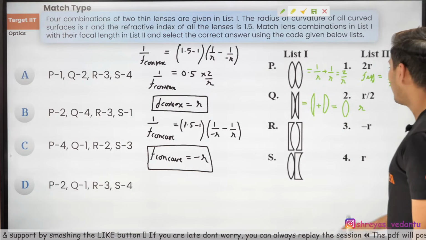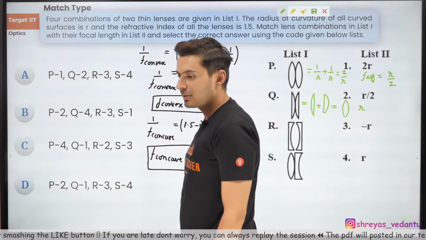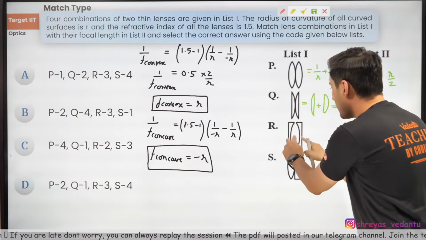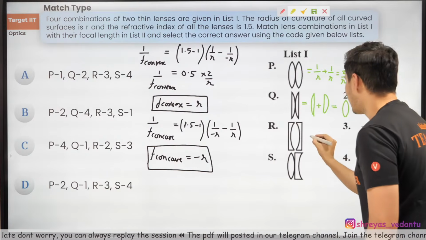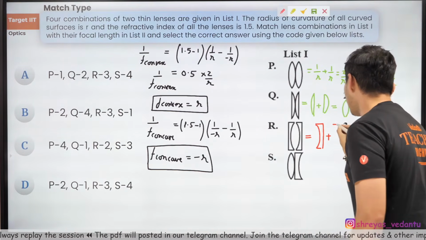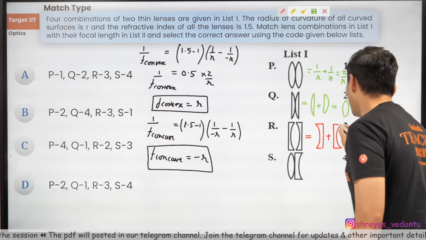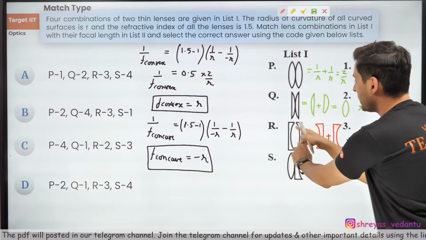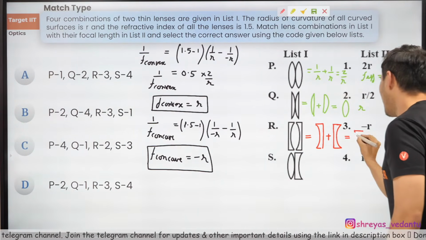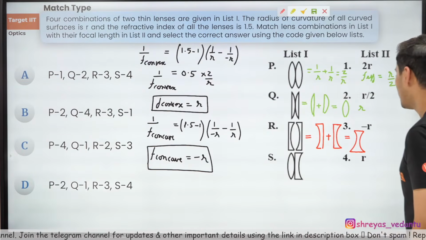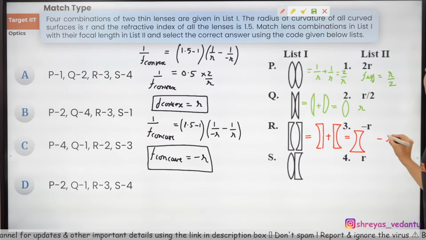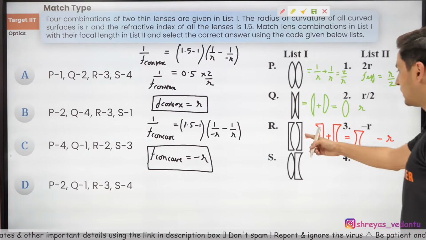So Q will have a focal length of r. See, think about it. Now do the remaining parts. Similarly, this one over here, two half concave lenses, is same as the concave lenses being placed like this. There is no difference in that. The order does not matter. Even if I flip their order, it does not matter. The focal length remains the same, which is the same as just a normal concave lens. And for a normal concave lens, we just figured out the focal length is minus r. That's it. So we got the third option also.